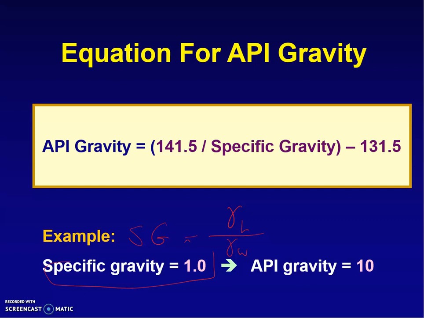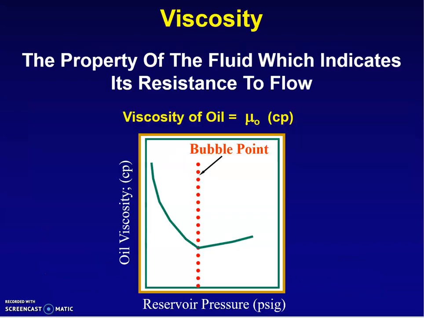You divide by that, and you get the API gravity. In general, the density of oil is lower than water. That's why water has a 10 API gravity here, which is small, and that means it's heavy compared to oil, of course. Another important parameter in PVT analysis is viscosity.